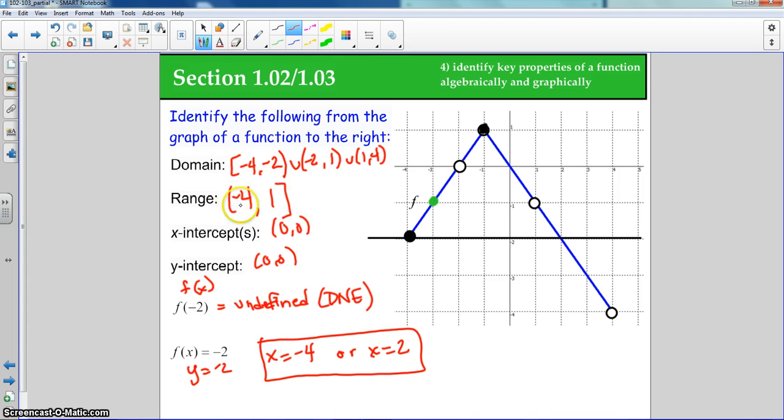In the case of the range, we were able to do that. For the domain, we weren't able to, so we had to break it up and do unions. The x and y intercepts were the places where it hit the x and y axis, and for the different function values, we had to determine whether we were looking at an x value or a y value, and then determine those values. And that completes an example on looking at information from a graph.